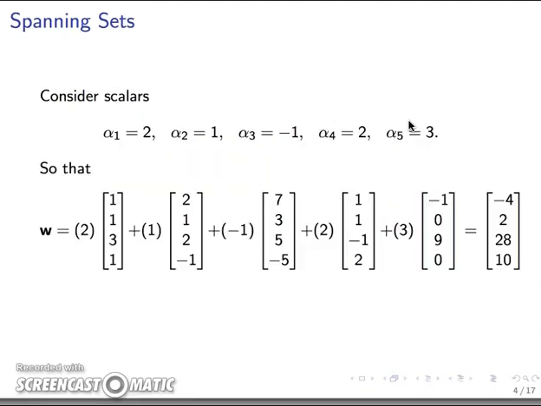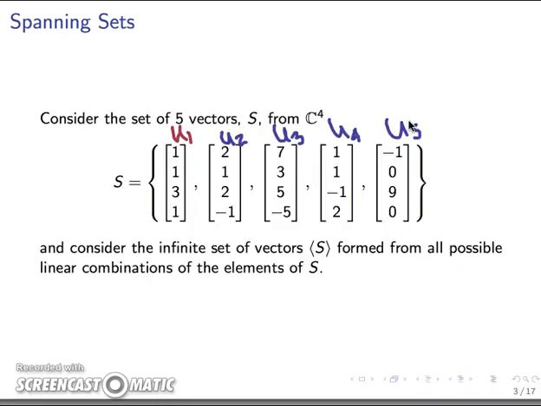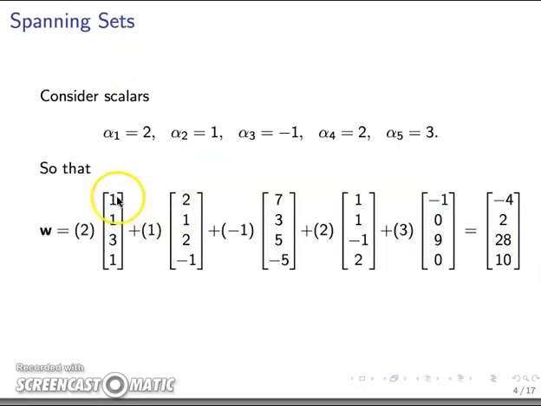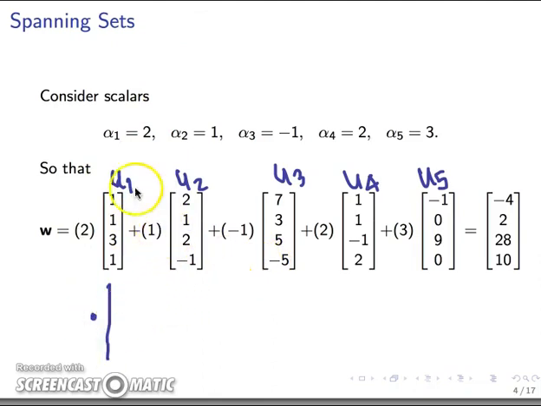So u1 is the vector with entries 1, 1, 3, 1. Here is u sub 1, u sub 2, u sub 3, u sub 4, and u sub 5. What we do now is multiply each of those. Each member of this sum looks like a scalar multiplication.